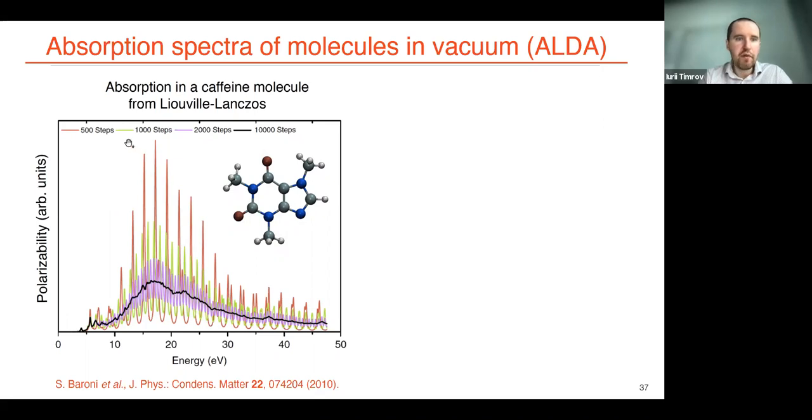If we increase the number of iterations to 1000, going from red to green, we see that spikes are vanishing little by little. If we increase to 2000, they get even smaller. And at 10,000 steps, we obtain an almost smooth spectrum. This black spectrum, the converged one, can be compared to the experimental spectra of the caffeine molecule.